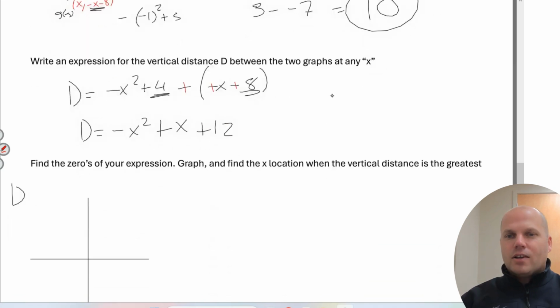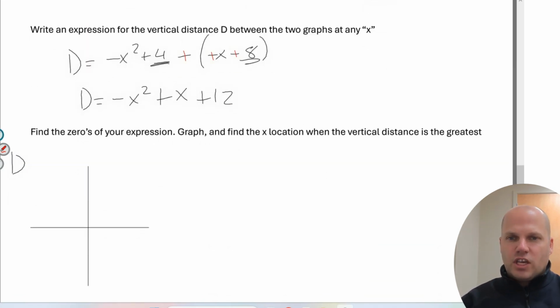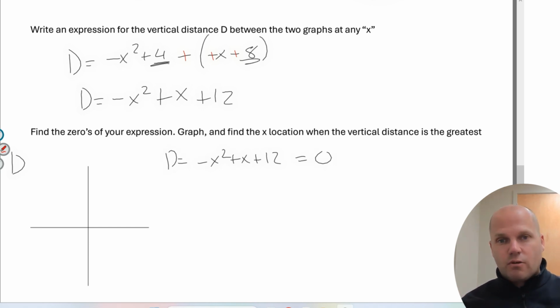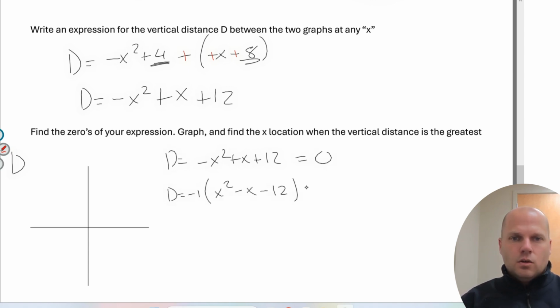Great. But how else could it be used? We could find the zeros. We could take this and set it equal to 0. That way we can graph this distance equation we created, and we can see where our distance is going to be the greatest. Well, I'm going to factor out a negative 1 so that I have this positive x squared, which I know factors to be an x plus a number times an x plus a number.